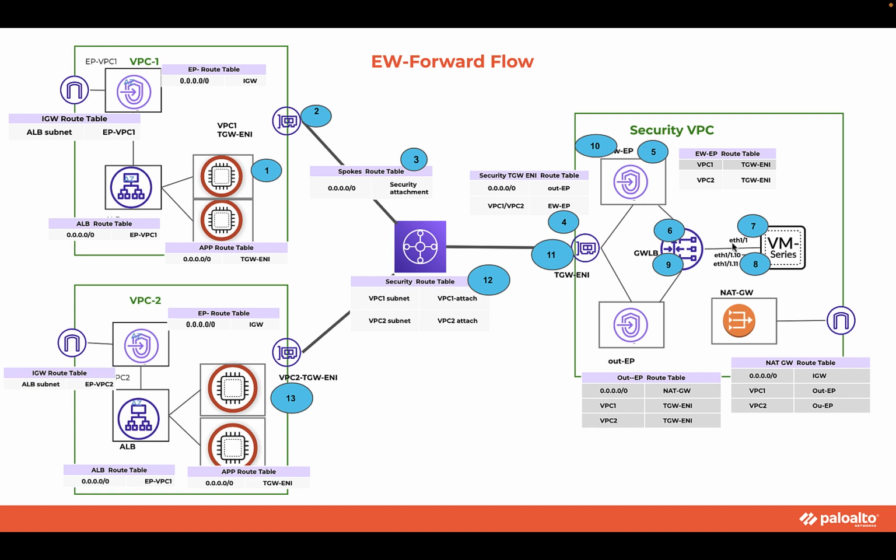VM series will map it to the right zone, apply the policies, send it back towards the endpoint, and this is where the route table is referenced again, and it finds an entry to send the traffic towards the attachment. At the attachment, the traffic gets forwarded towards the transit gateway, finds an entry in the security route table wherein the destination is towards the VPC2 attachment. Hence, the traffic gets forwarded towards the VPC.